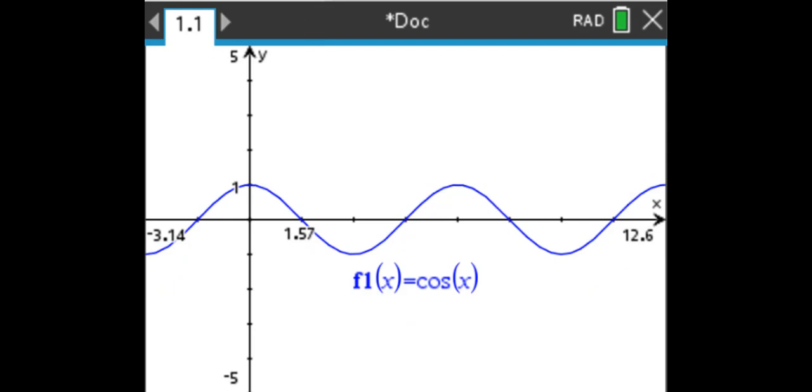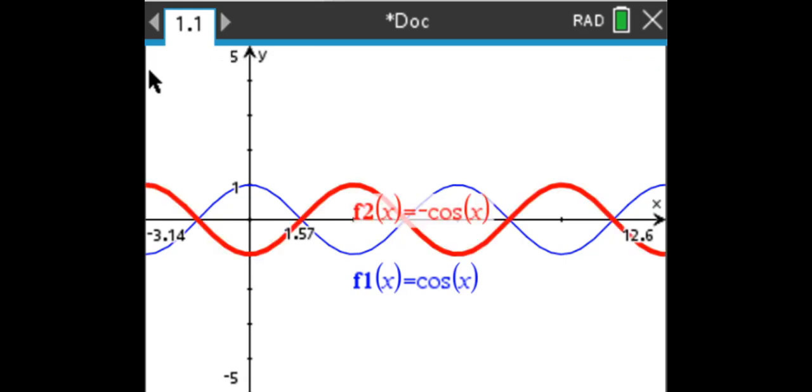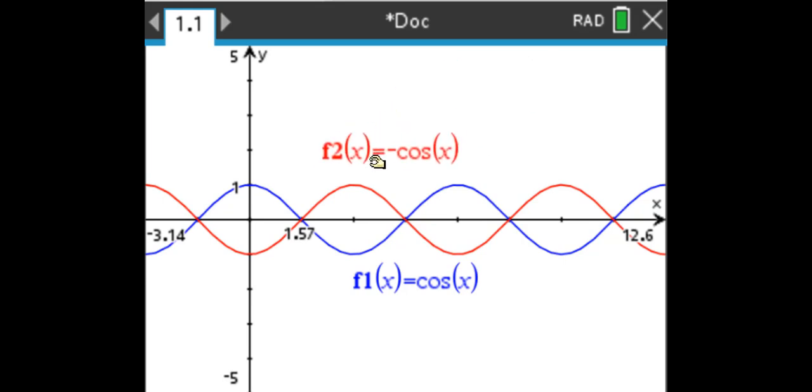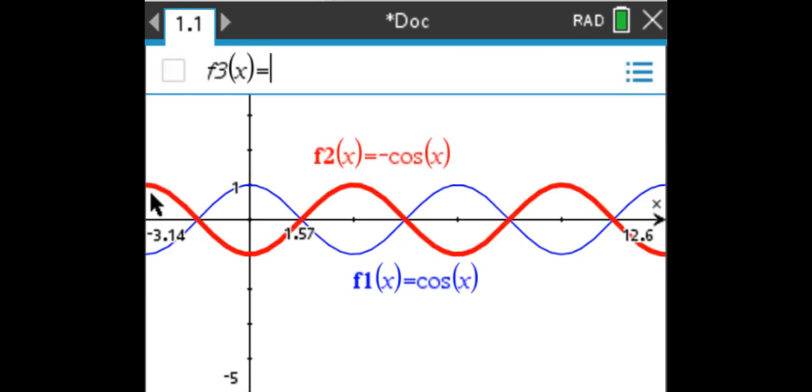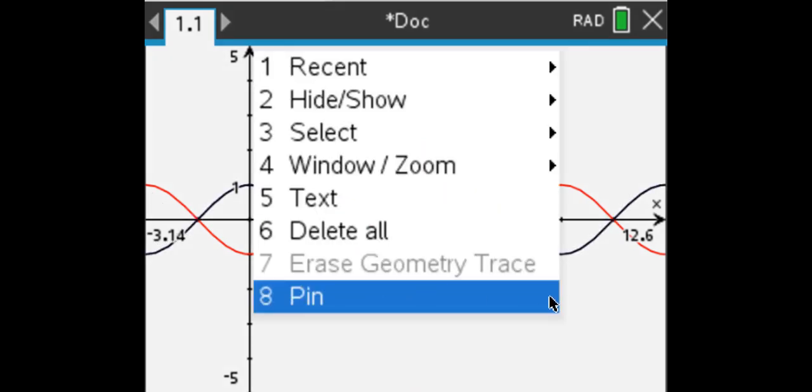Let's look at our reflections. If I put a negative in front, reflection in the x-axis. There you go. What about cos of negative x? It's now the same as my blue curve.